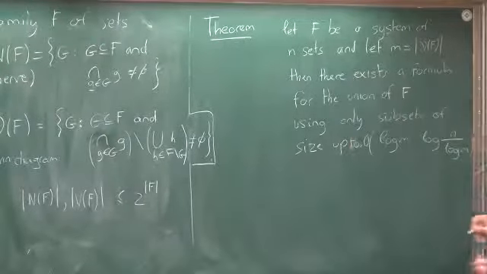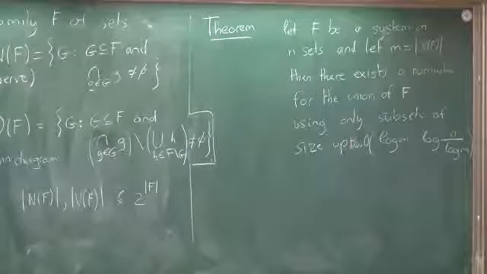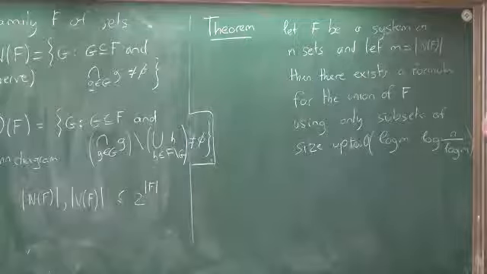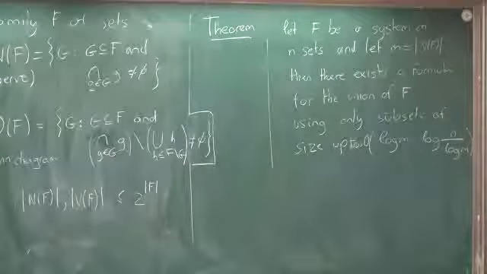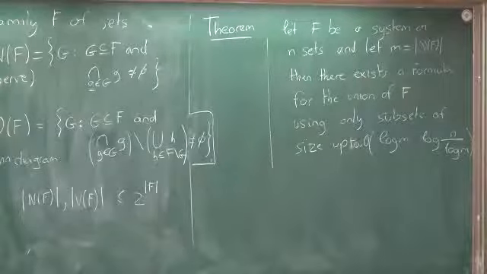And let me make a big O here so that I don't have to worry too much about the constant. Okay, so recall that m can be up to 2 to the n.